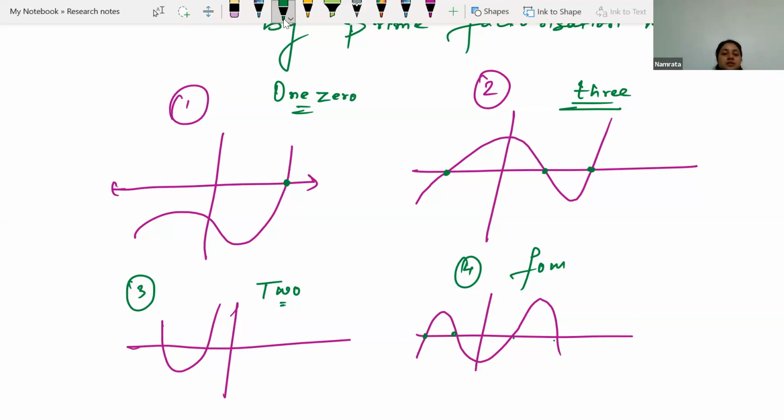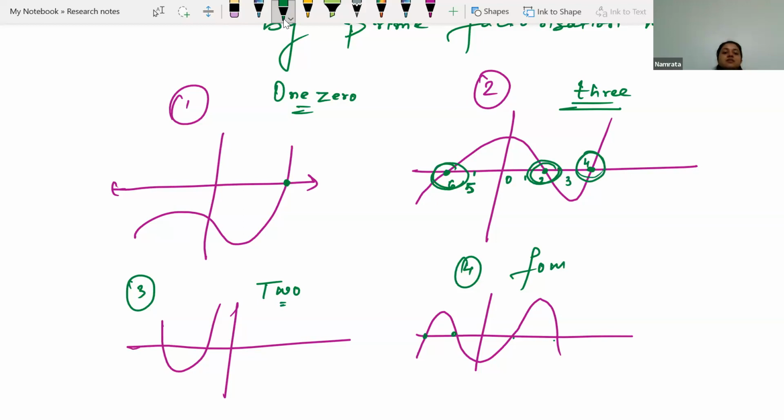If in the graph the values are written, suppose here 0, here 1, here 2, here 3, here 4, then we can say that x equals 4 is one of the zeros, x equals 2 is one of the zeros, or x equals 6 is one of the zeros. So this way we can find the zeros of the polynomial.